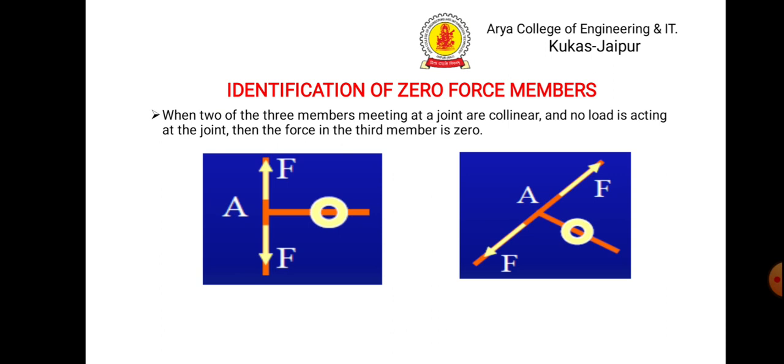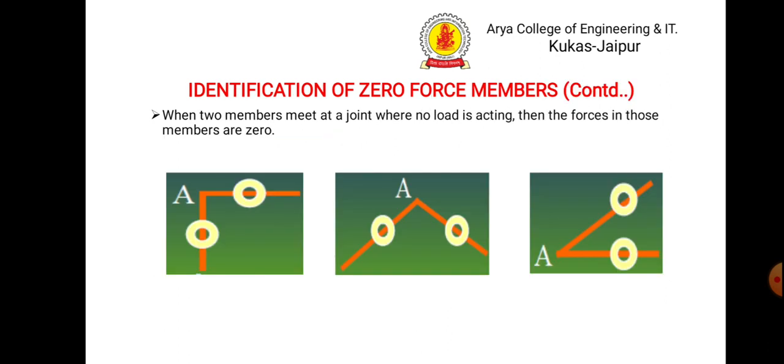As shown in the figure, at joint A, the forces F are collinear and the third force is perpendicular. So the force in the third member, which is the perpendicular one, is a zero force member, meaning there is no force in that particular member.